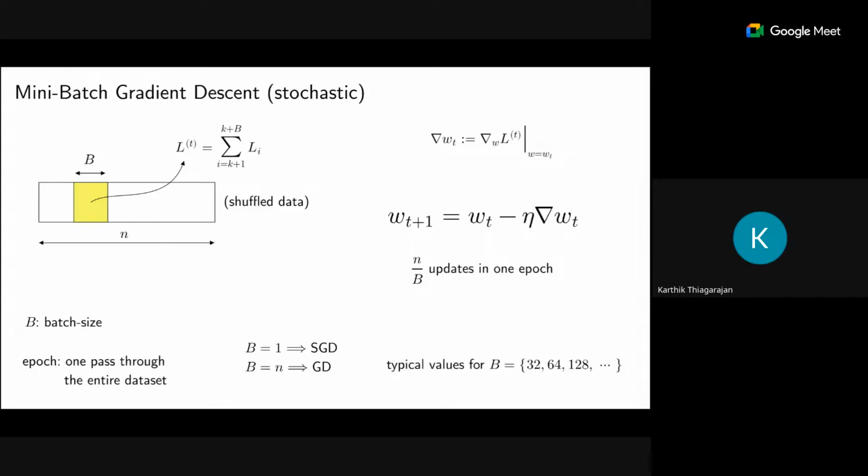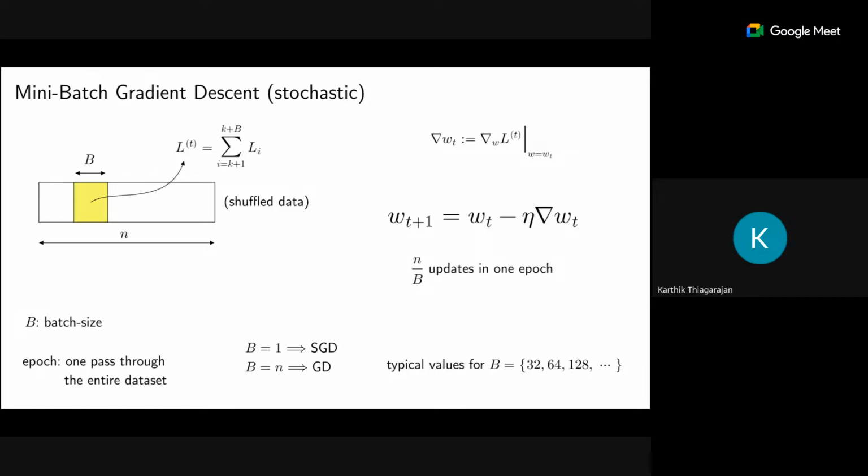When b is equal to n, you fall back onto gradient descent. Sometimes that is called batch gradient descent. There are too many terminologies in our course. We will always refer to it as mini batch gradient descent, MBGD, where b is something less than n.